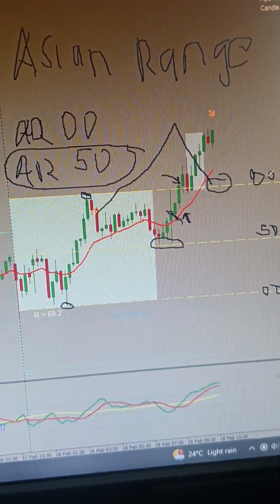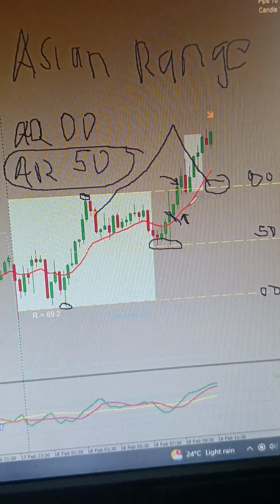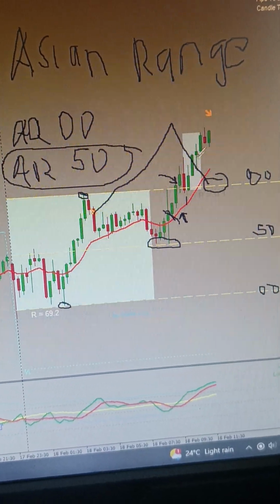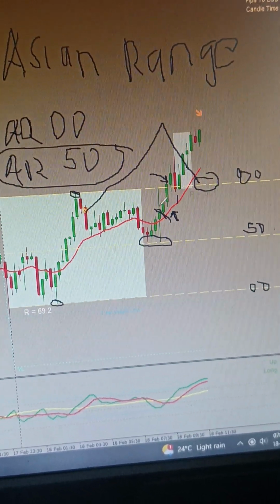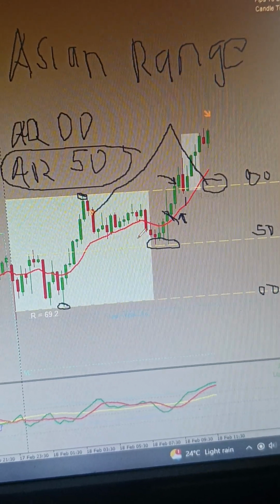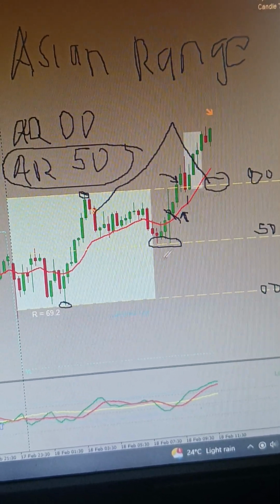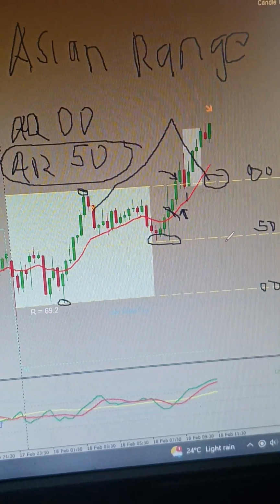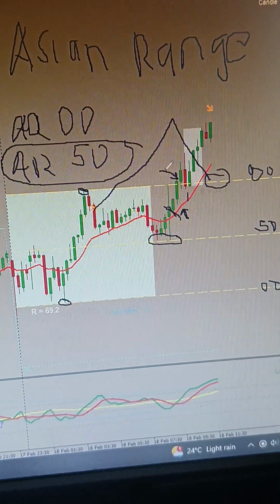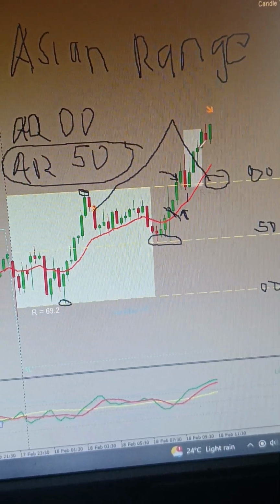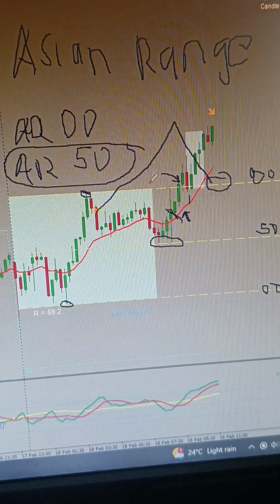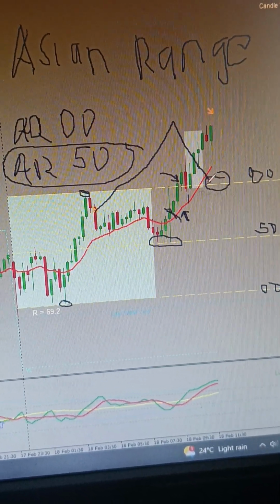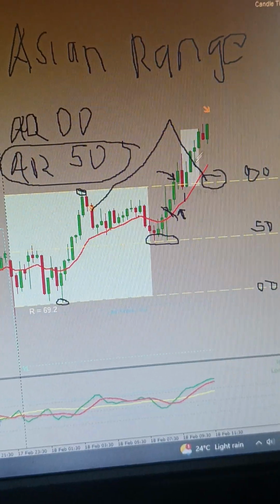It broke out the 00, retested it with this red candlestick and left. So for the people who are fast, you may have taken it as AR50, or for people who came in at the London session, they may have taken it as London breakout, Asian high breakout, or break and retest of the AR00.